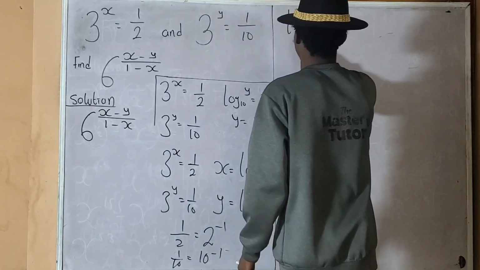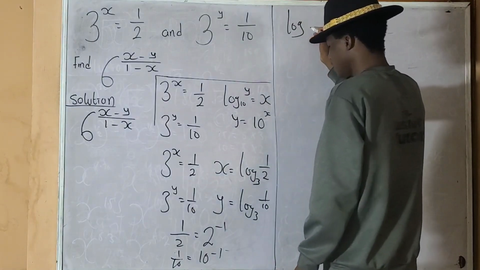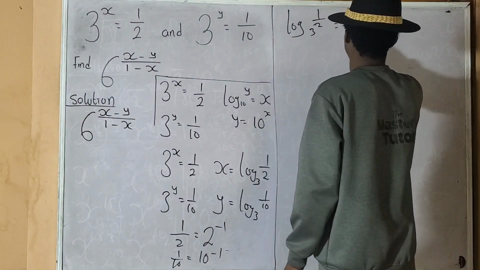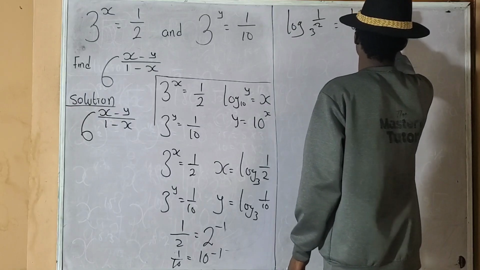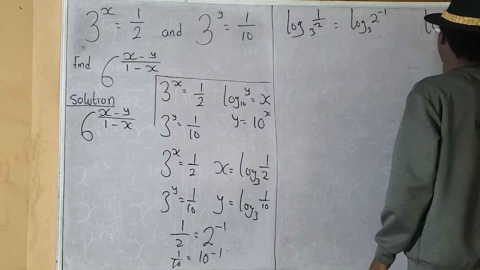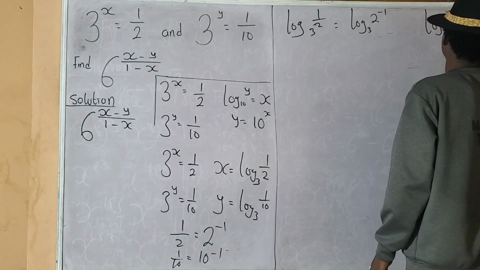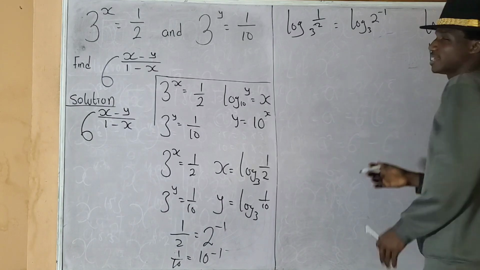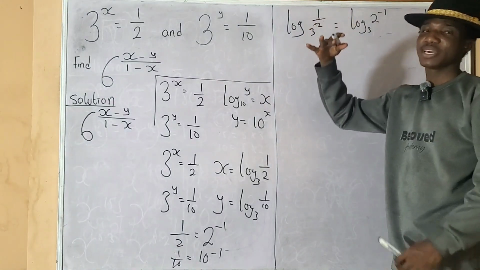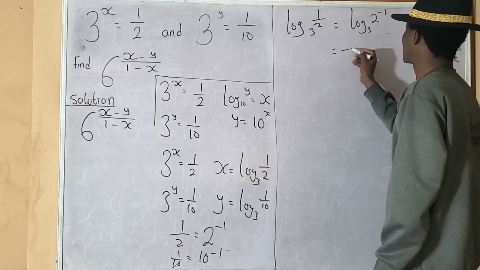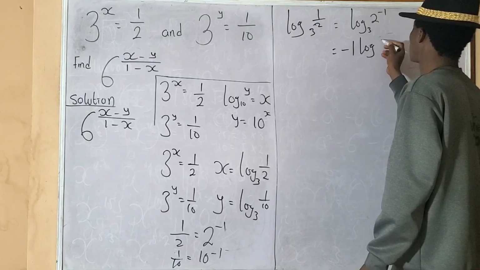The logarithm log 1 over 2 base 3 becomes log 2 raised to the power of negative 1 base 3. And recall this law: log a raised to the power of b base c can be written as b log a base c. That is, the log of a power is the product of the power and the log. So I'm going to have negative 1 multiplied by log 2 base 3.